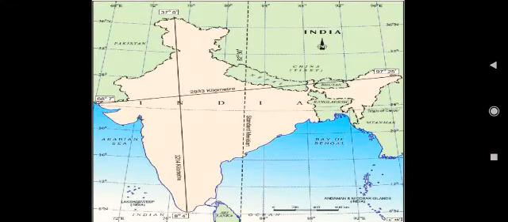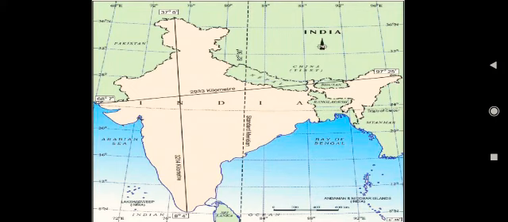Now children, let's discuss a very important topic, that is the latitudinal and the longitudinal extent of India. The latitudinal extent of India is 8 degrees 4 minutes to 37 degrees 6 minutes north, and the longitudinal extent is 68 degrees 7 minutes to 97 degrees 25 minutes east.